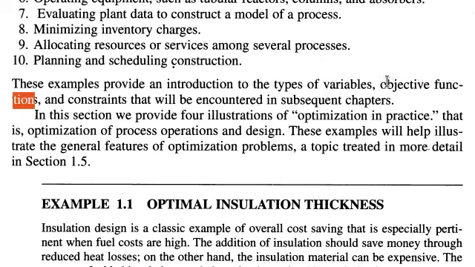It can be cost, or area, or volume, etc., and under what constraints you have to optimize it. These three important points we will discuss in our coming chapters.